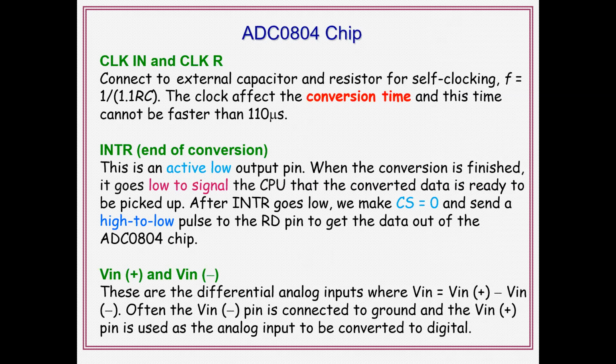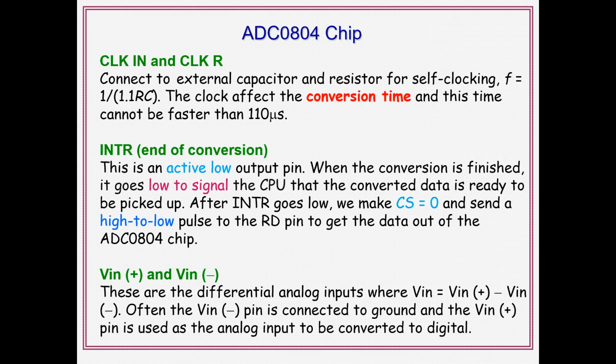And Vin plus and Vin minus. These are the two differential analog inputs, where Vin equals Vin plus minus Vin minus. Often the Vin minus pin is connected to ground and the Vin plus pin is used as the analog input to be converted to digital.